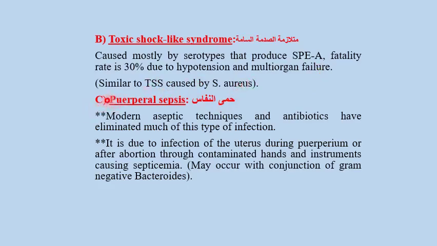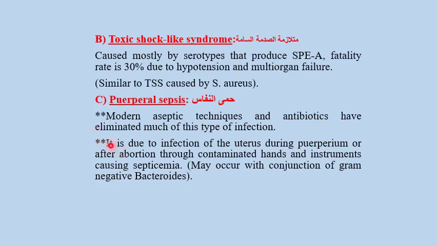Now we're speaking about the last toxigenic disease, which is puerperal sepsis. بالعربي حمى النفاس. The modern aseptic techniques and the antibiotics have eliminated much of this type of infection. ما بقاش منتشر this type of infection نتيجة الhygienic methods اللي بتتم during labor and the use of antibiotics. This kind of infection is minimized to a great extent.